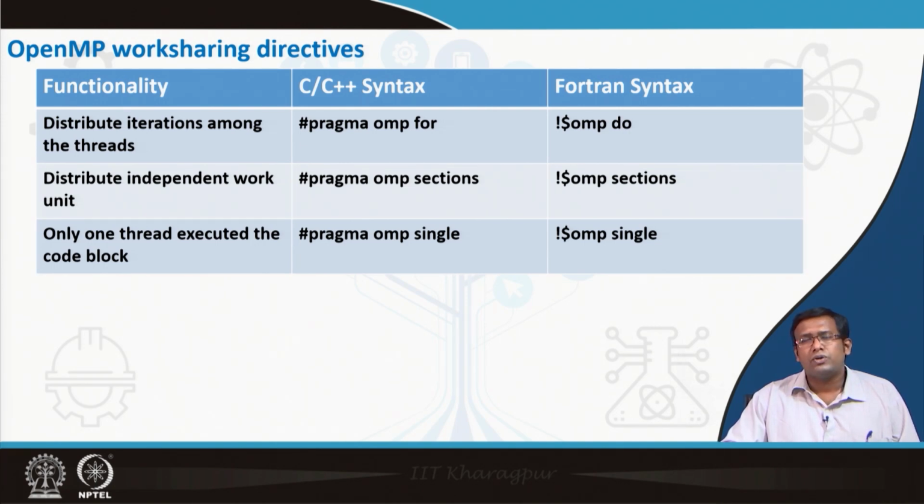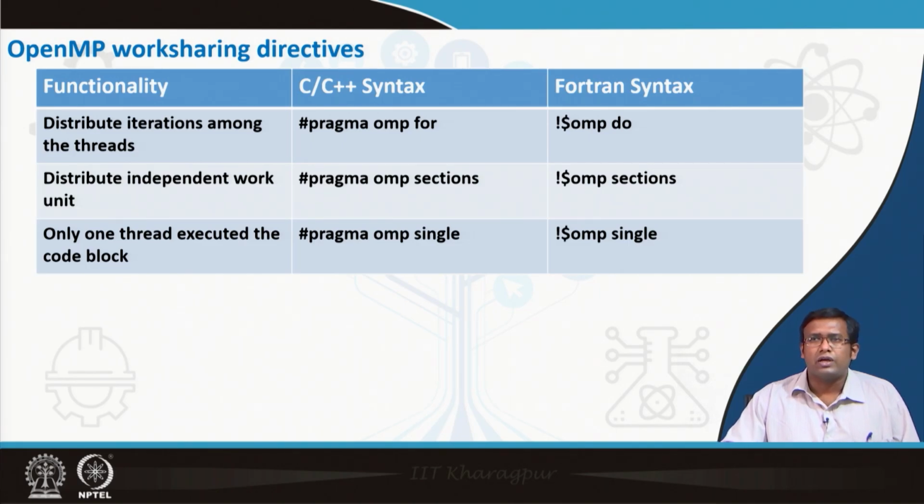The other case can be that there are different tasks, and these tasks can work concurrently. These are most likely not part of the same iteration loop, but there can be tasks.